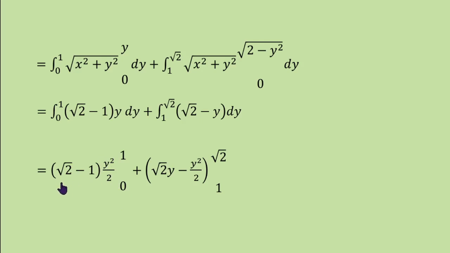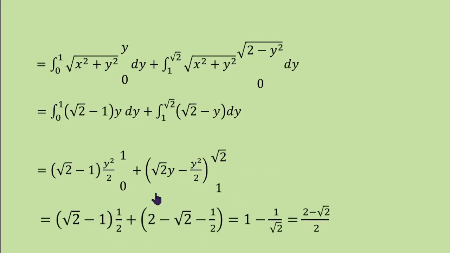Here the upper limit is root 2, so it becomes 2, minus root 2 squared by 2, which is 2 minus 1, that is 1, so minus half. So root 2 minus 1 into half, plus 2 minus root 2, and then minus half. Simplifying this, you will get 1 minus 1 by root 2, or 2 minus root 2 by 2.